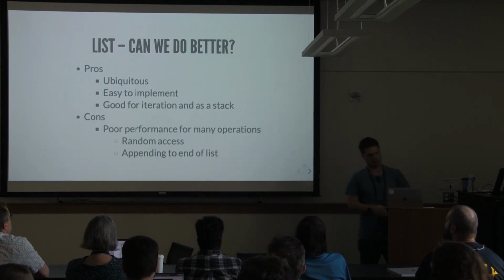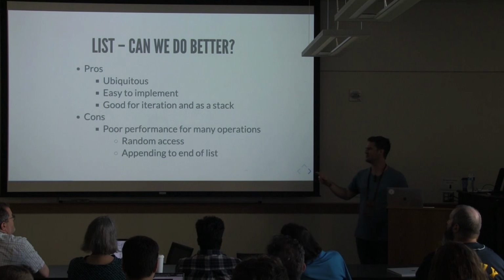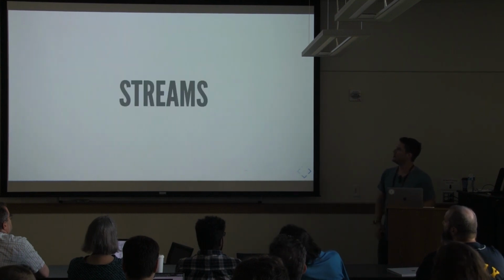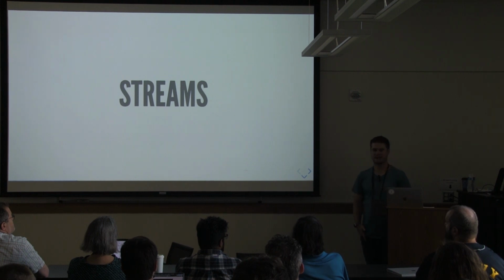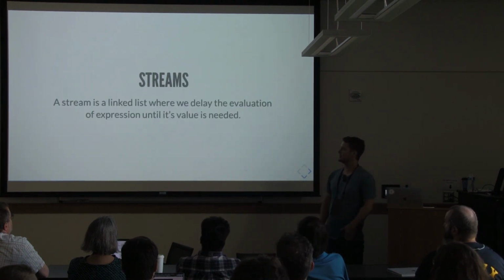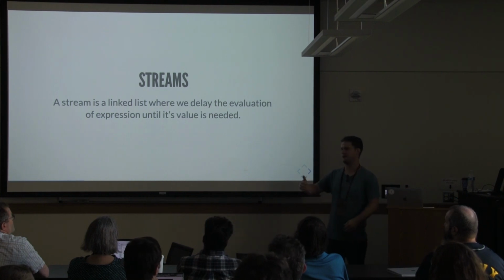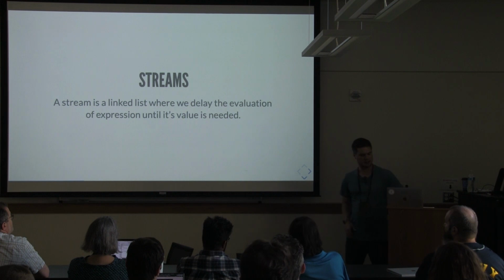This next one doesn't necessarily deal with all these issues immediately, but we're going to build on that. One modification we can do on a list is make it a stream, otherwise known as a lazy list. It's basically just a linked list where we delay the evaluation of the next cell until we actually need it.